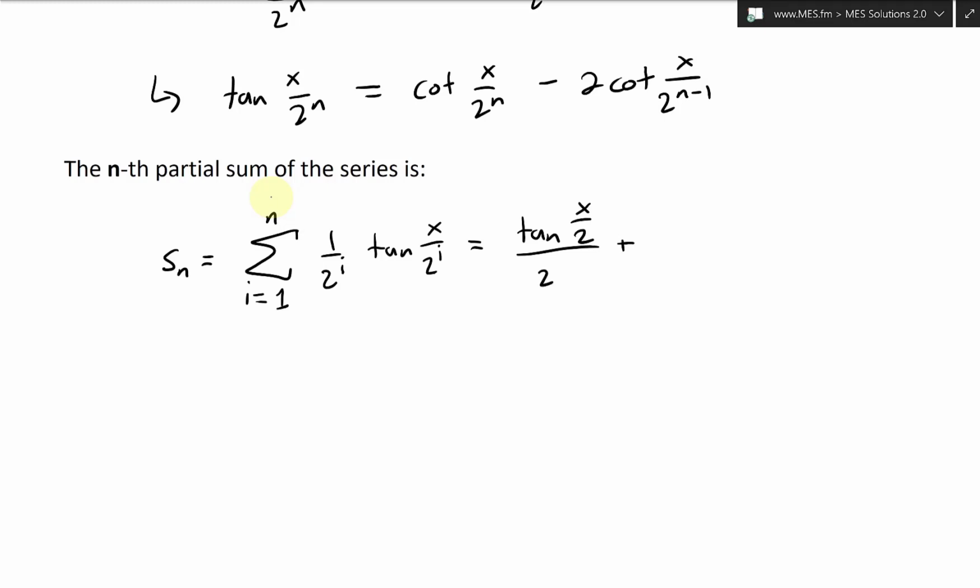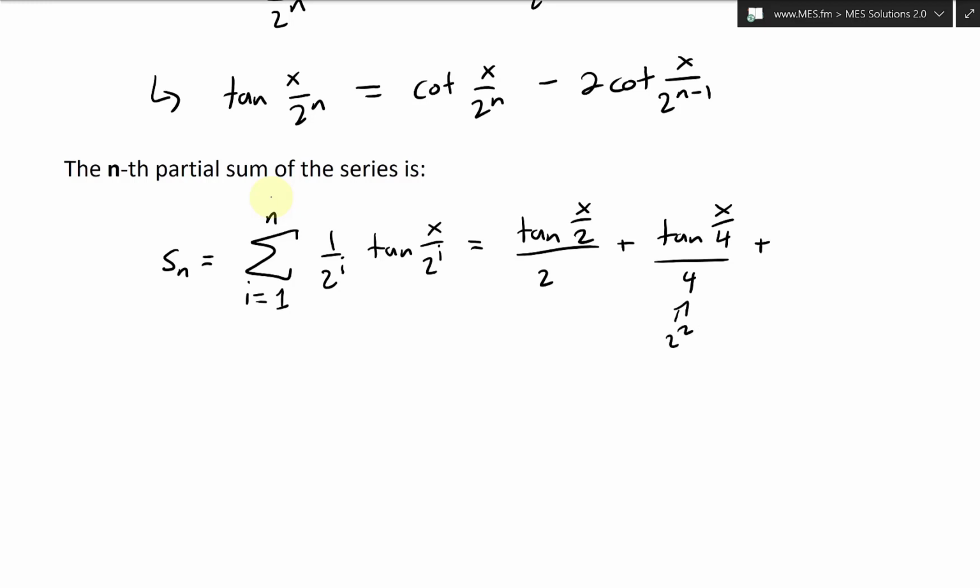The next one's going to be tan of x over 2 to the power of 2, and this is divided by 2 to the power of 2, that's going to be 4, like that.